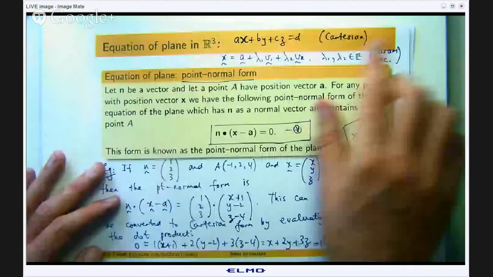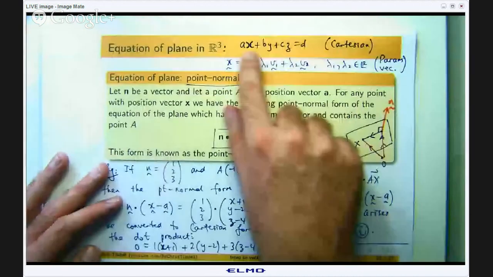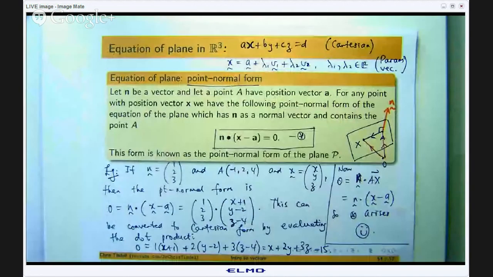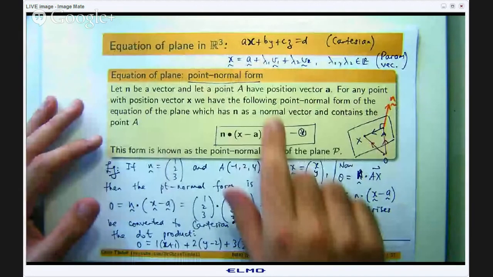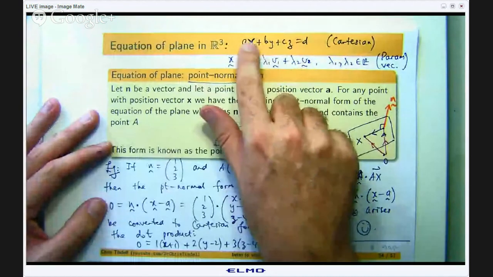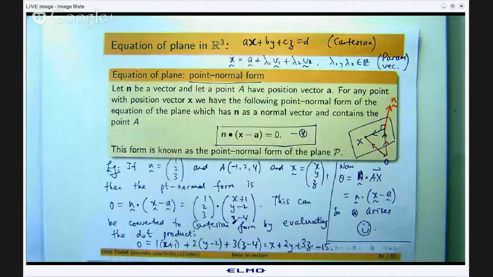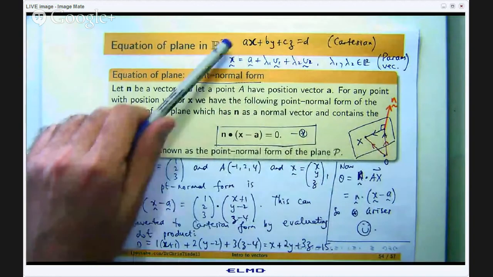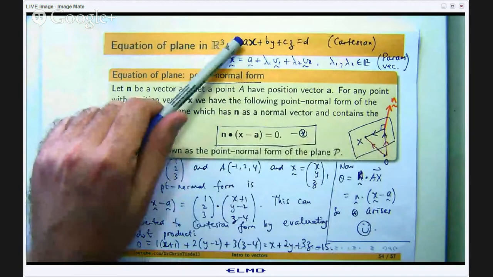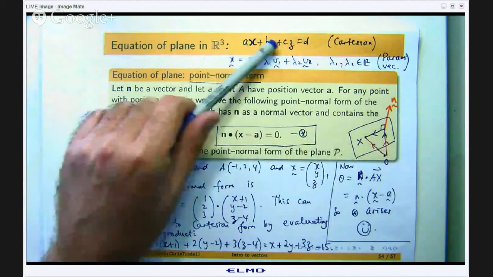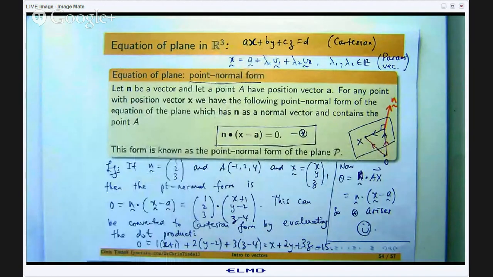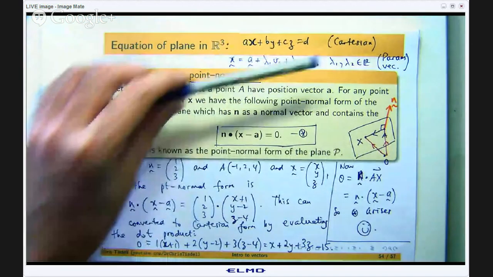If you're given a Cartesian form, I claimed before that you can just take the coefficients of x, y, and z, write them as a vector, and that's a normal vector. So something for you to think about: how would you actually show or prove that that method works? That if I think of the vector A, B, C, that really is a normal vector to the plane associated with that. Well, I'll leave you to think about that.